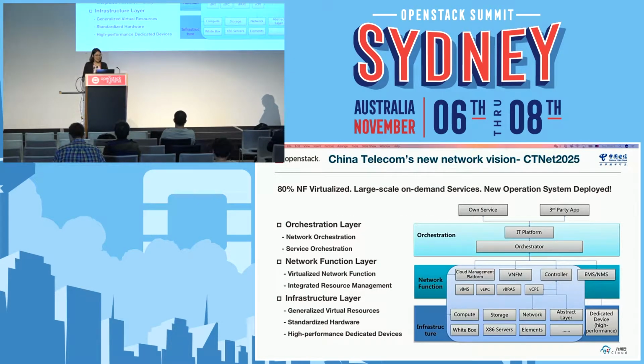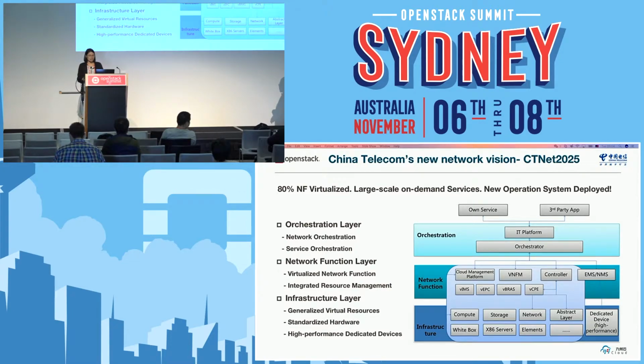This is the high-level network vision of CTNet 2025. As you can see, the entire network is divided into three layers. The bottom layer is the infrastructure layer, the second is the network function layer, and the upper layer is the orchestration layer. In the bottom layer, we will provide the upper layers with generalized virtual resources, including compute, storage, and network.